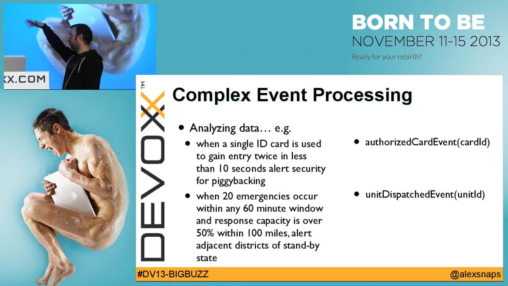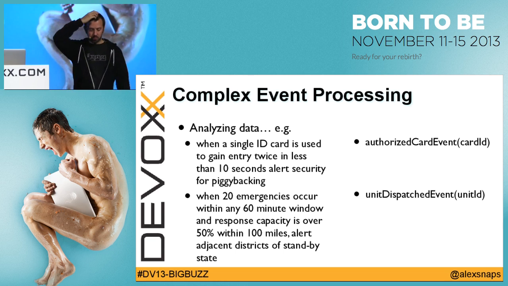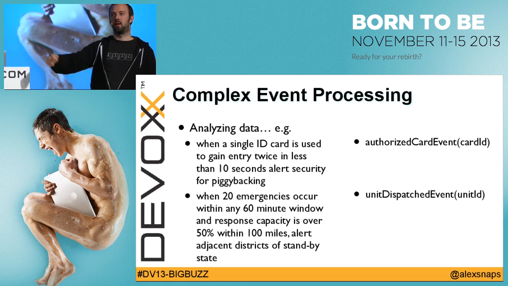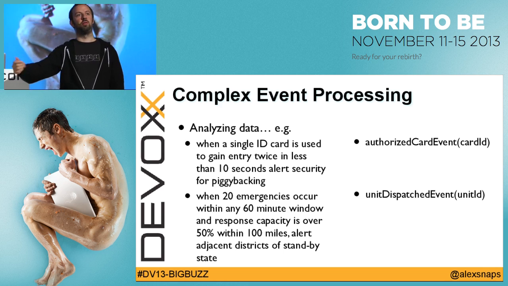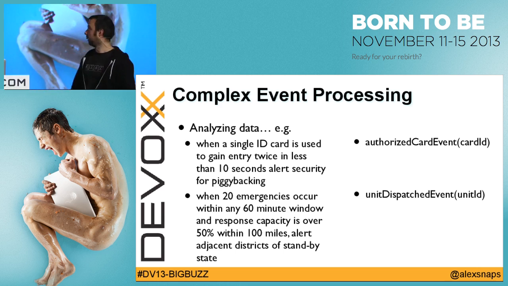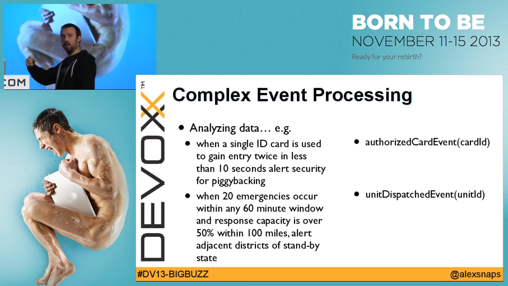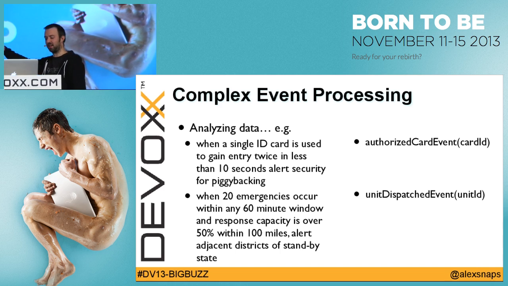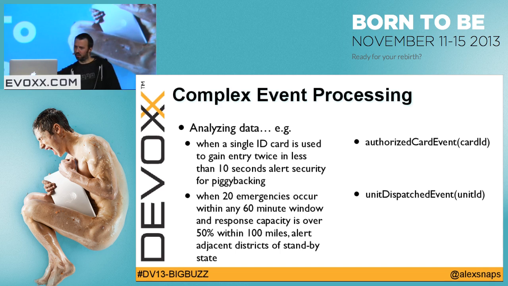So I got two examples here. Say, talking about this card ID system again, say this is the card ID system to give entry to the subway system. In complex event processing, they have a language for that that's covered in the next slide, I think. Actually, no, I'm lying.